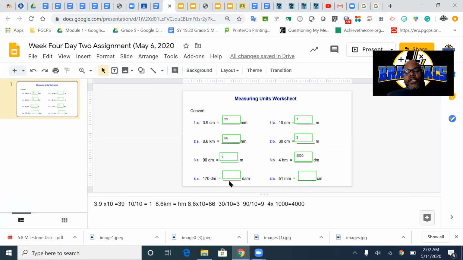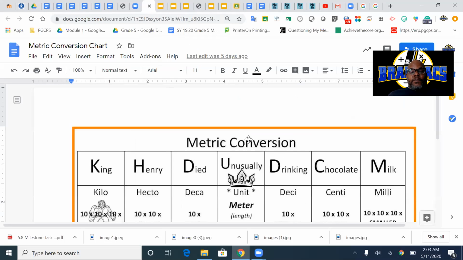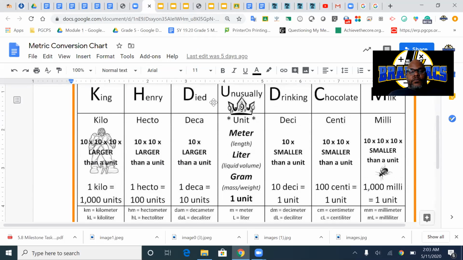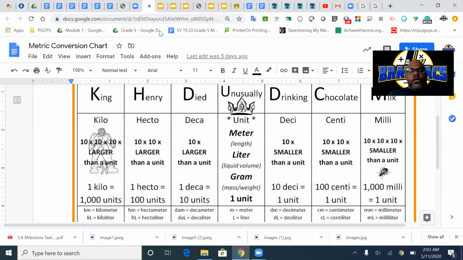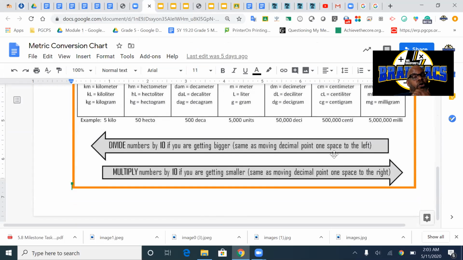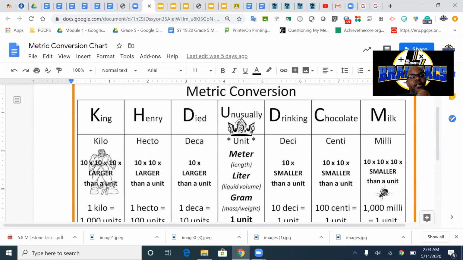All right. 170 decimeters equals how many decameters? Conversion chart. We're going this way, which means we're going to divide by multiples of 10. So that's 10, 100.